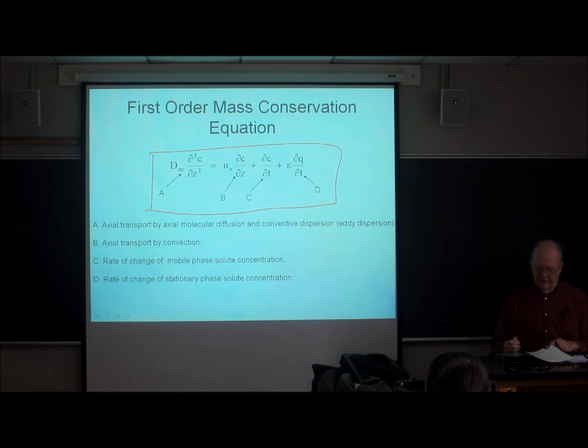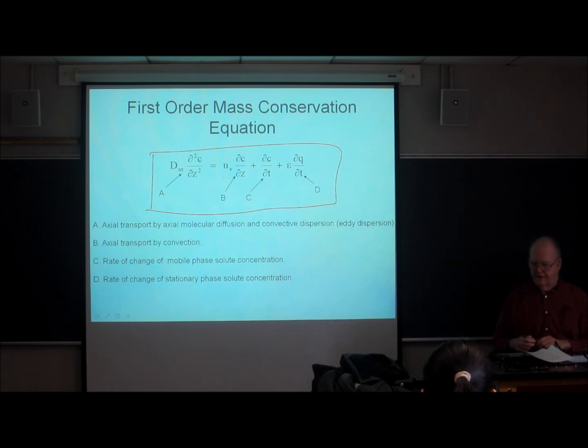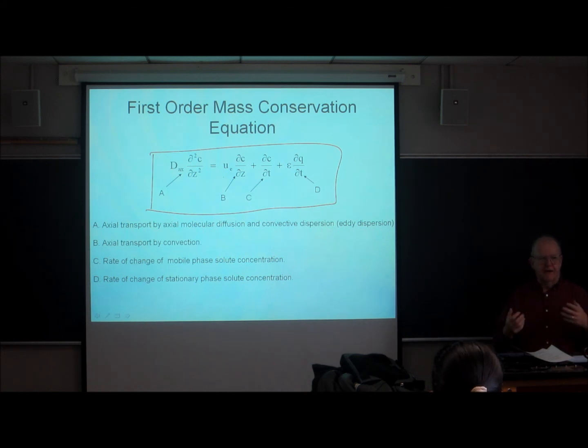And so we see we've got 4 terms. And this is not very different from what we did in the capillary column a few days back. But this equation has to be solved to get the HETP.